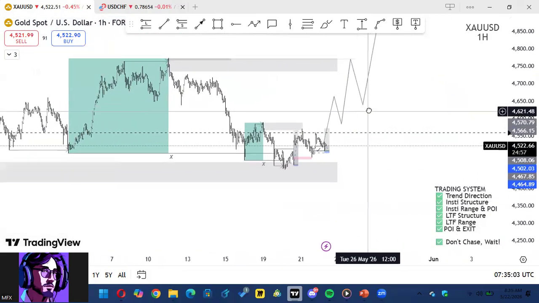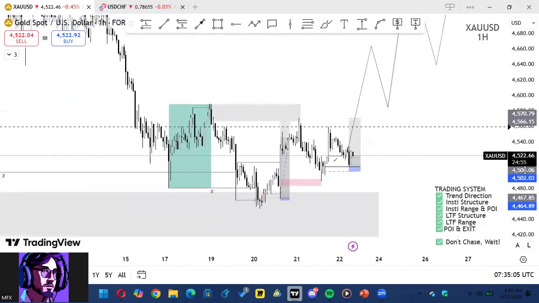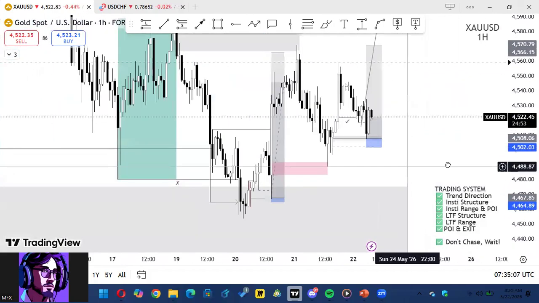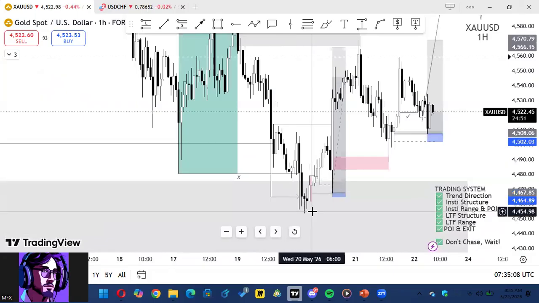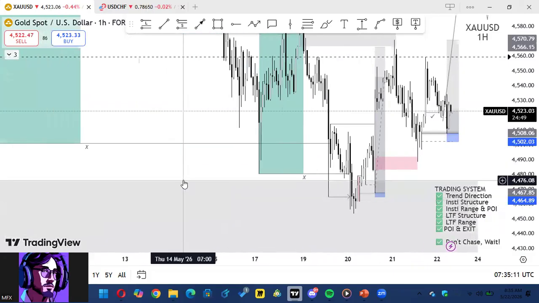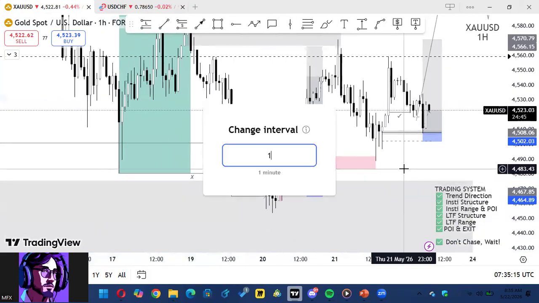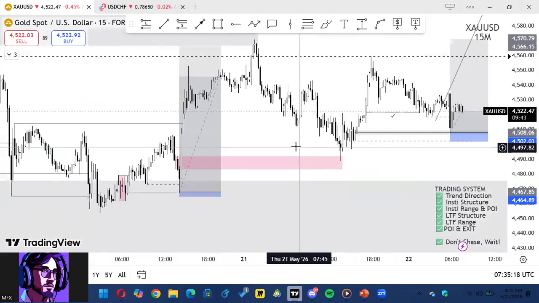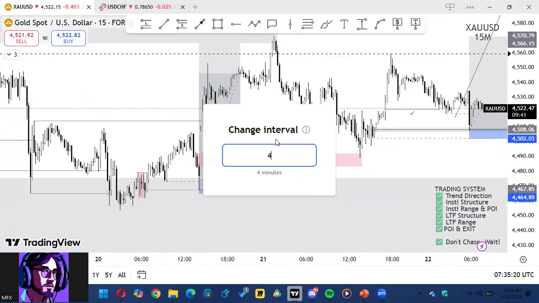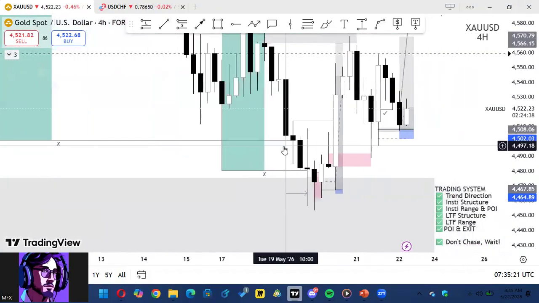So that's it, and this trade is very simple. Liquidity gap, mitigation of a higher time frame demand zone. You go down to your 15 minutes time frame, and that should be it.